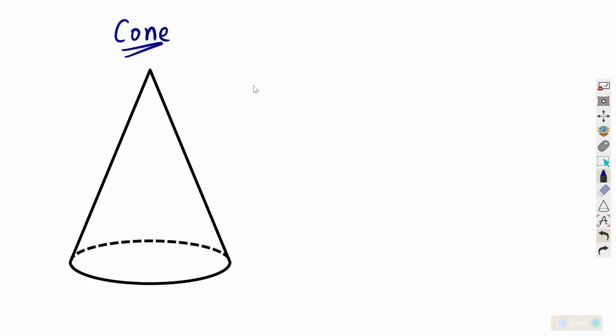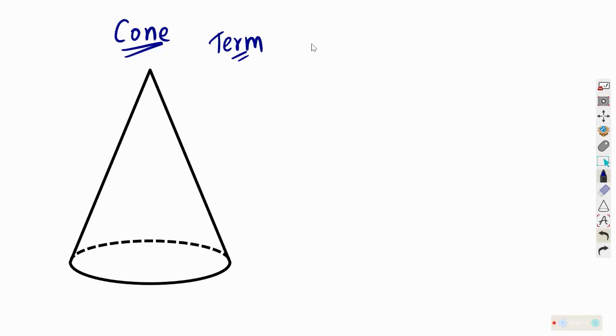Different terms related to cone are very important because when we studied about cube, cuboid, even cylinder, we had terms like height, length, breadth, right? And in the case of cylinder, we had circular surface, so we thought of area of circular top and bottom.